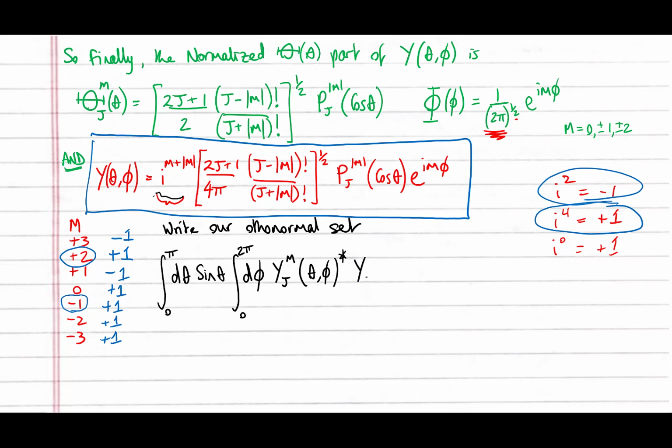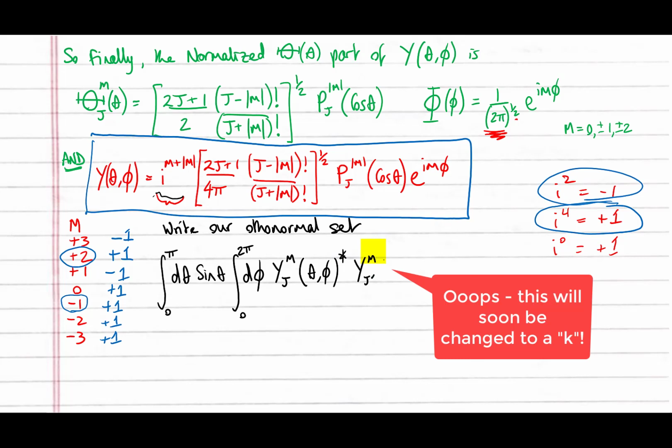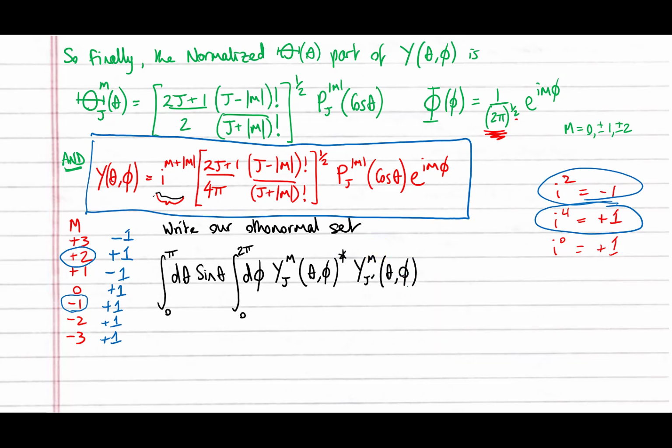Now we've got Y_j, and we're going to call the other one j prime. You know that the Kronecker delta is going to follow. Again, this is our shorthand notation, so this is equal to delta j j prime.